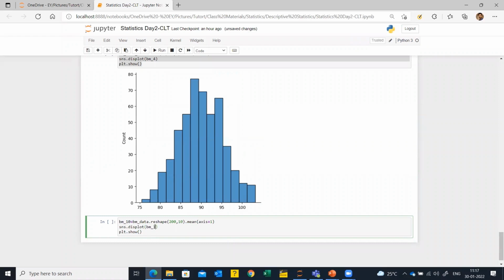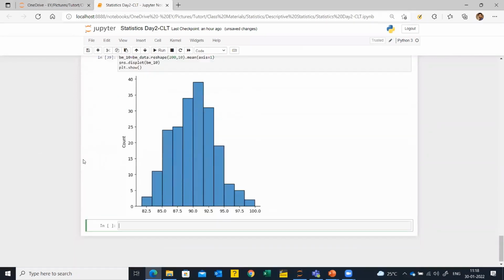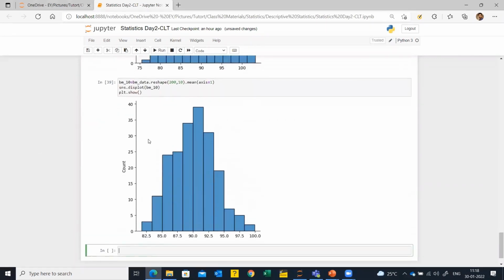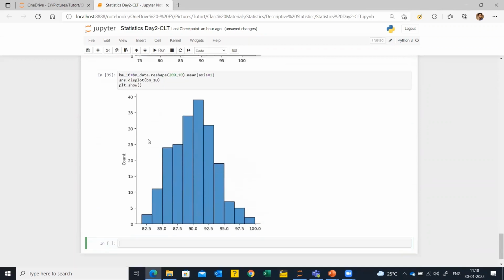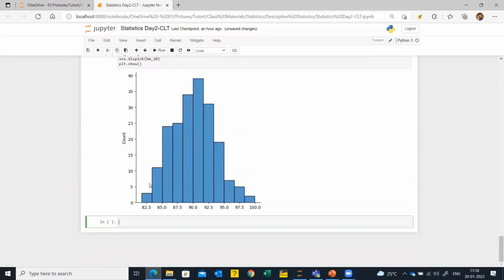This will again be 10. Yeah, right. Yes. Right. So, see, it is getting more normal. Okay. Hope you have got the idea how to do it for a unimodal and a bimodal data set.